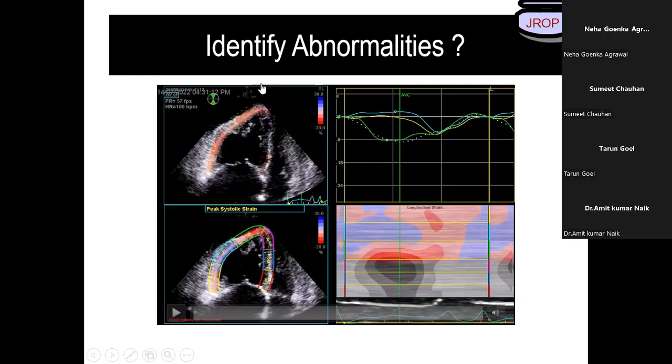This is sometimes seen in people who have pulmonary embolism, where the apical strain is negative, and the mid and basal segments show relaxation when the apex is contracted. That is an advanced stage of right-sided pulmonary embolism.